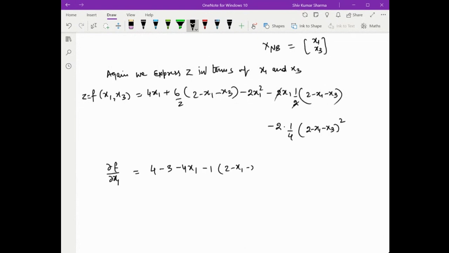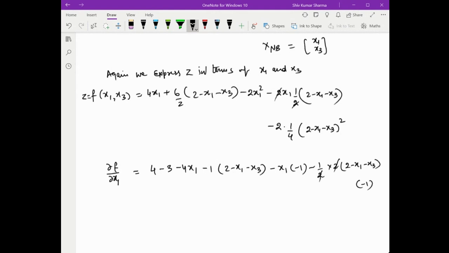For the second function, written the same, minus the first function's differentiation, the differentiation of 2 minus x1 minus x3 with respect to x1 gives us minus 1.